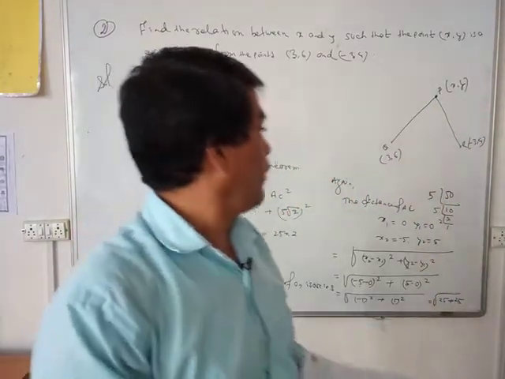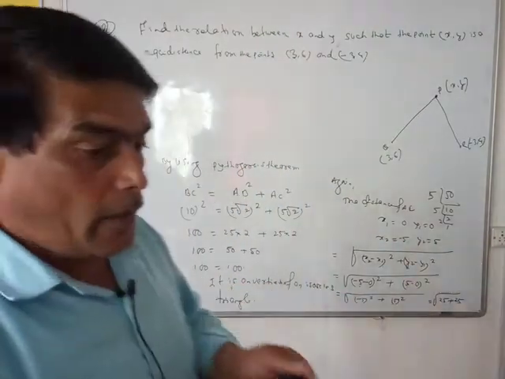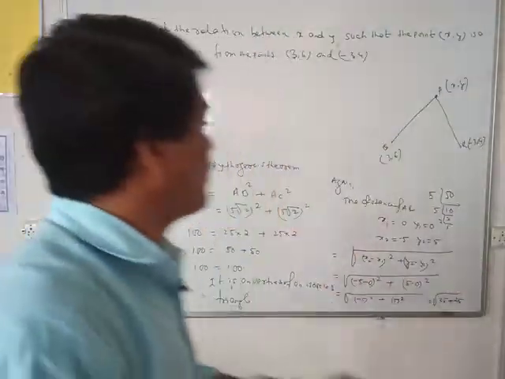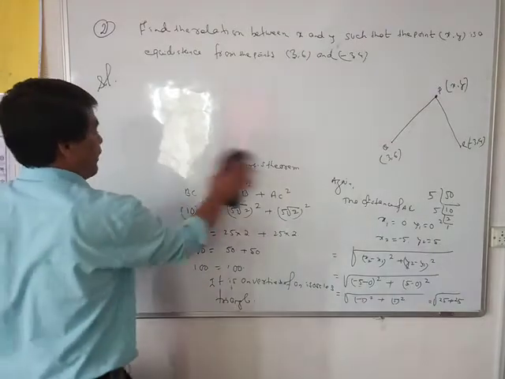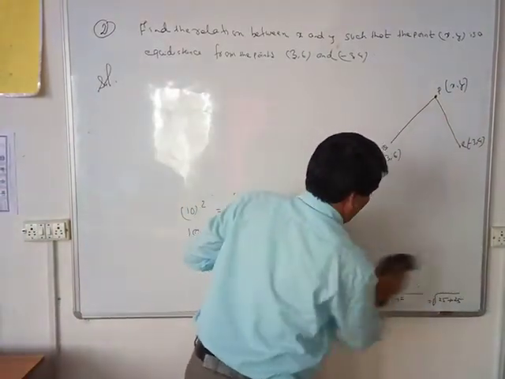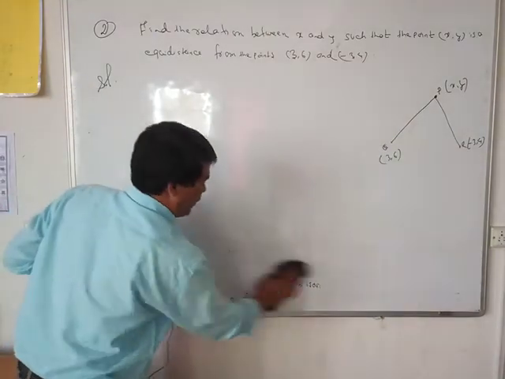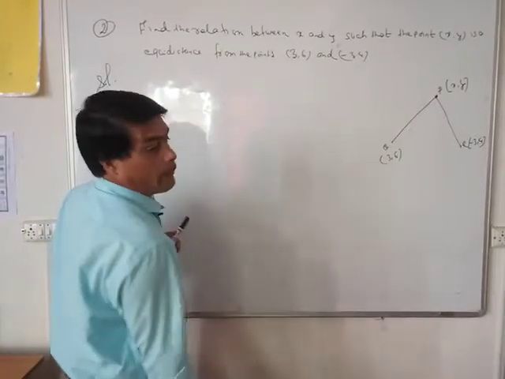Firstly, we have to find the distance of PQ, and then after that, we have to find the distance of PR.